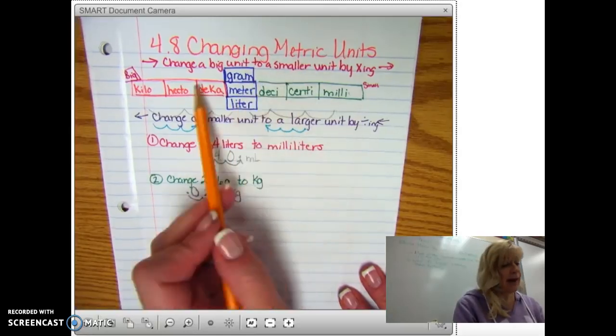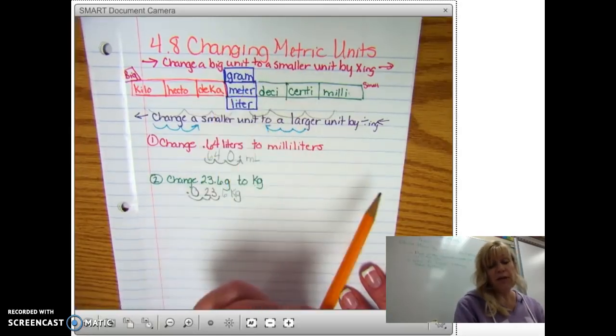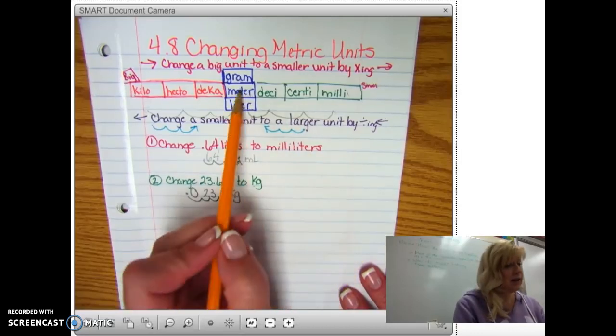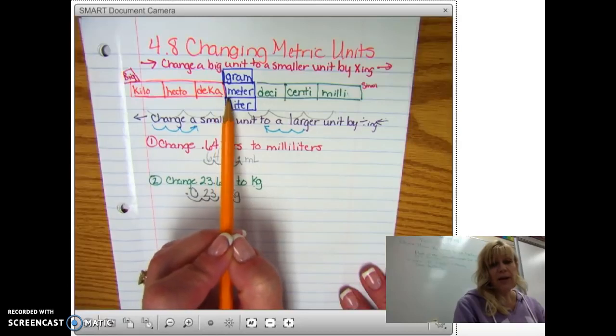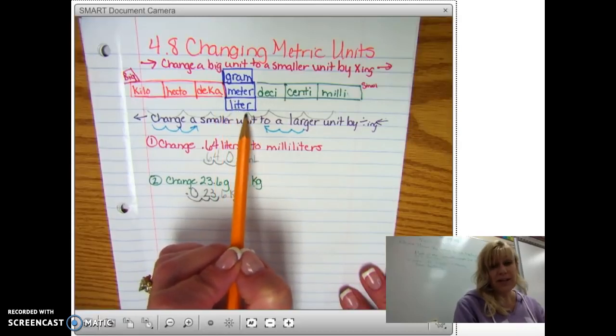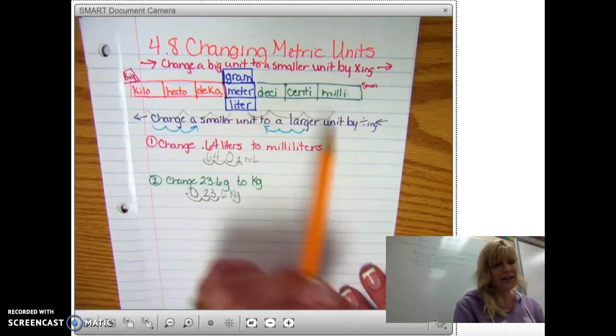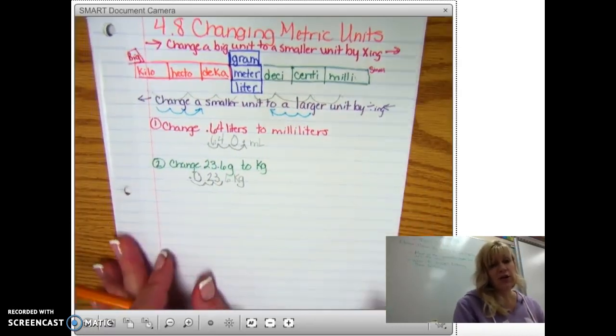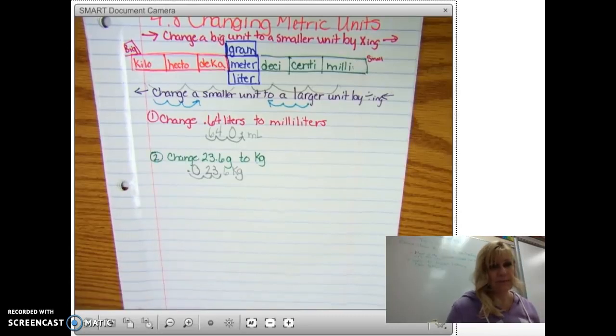This chart will be allowed on both your quiz and your Chapter 4 test. I know it comes up again in 6th and 7th grade science. You will be doing this exact same thing because science deals so much with metric units.